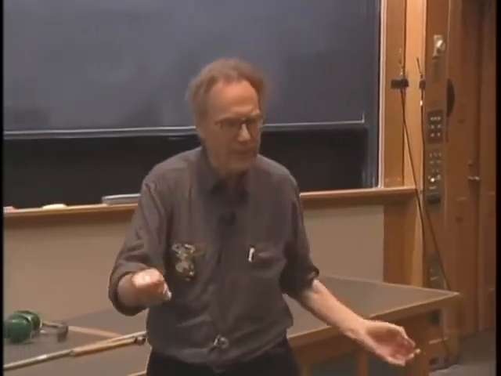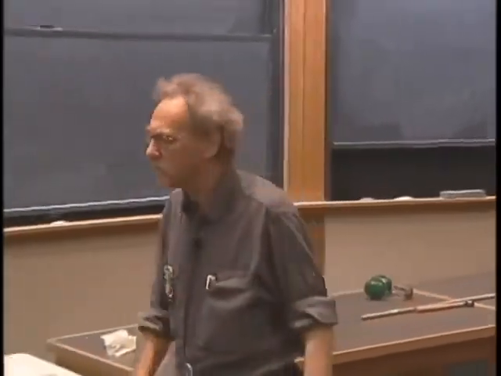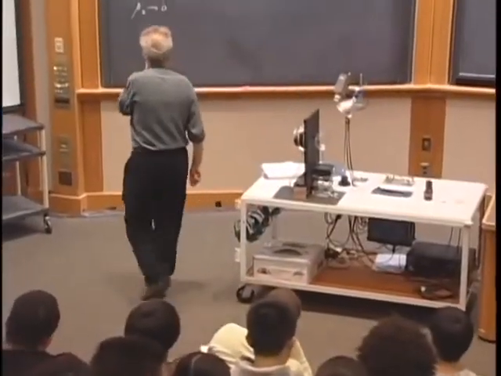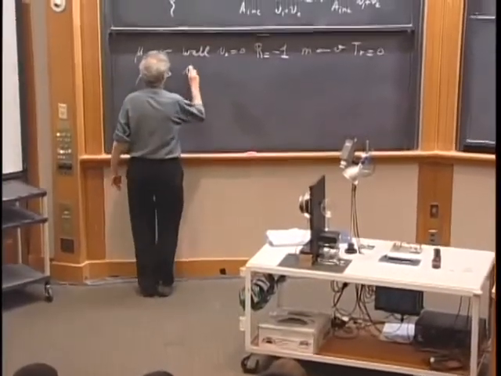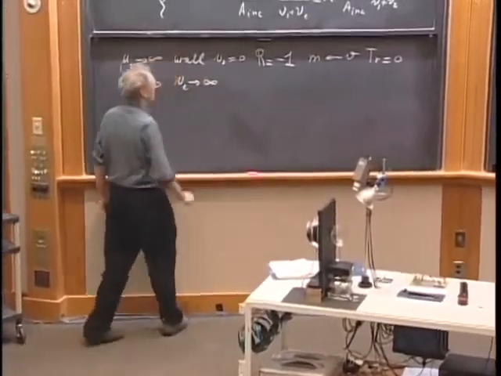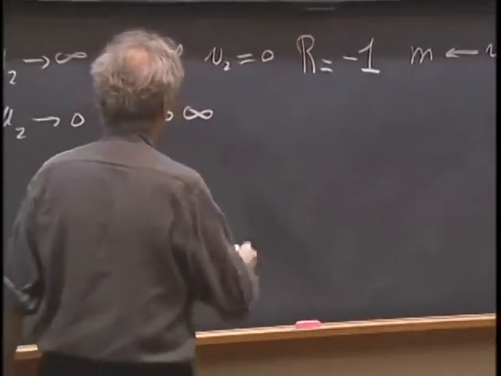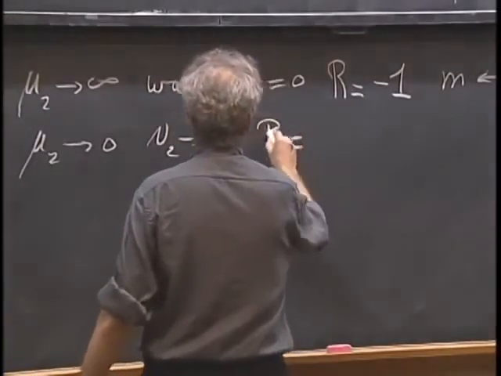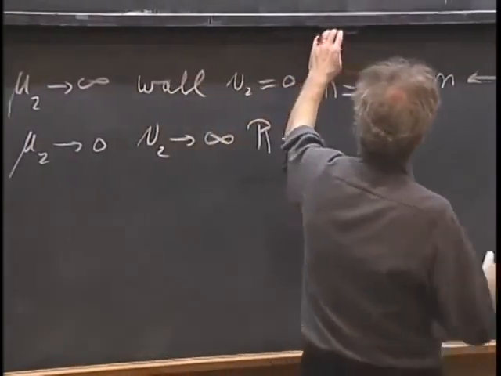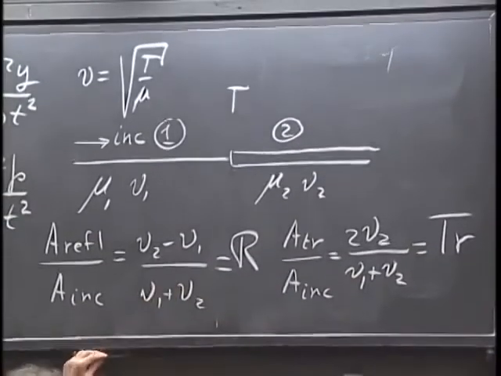So it is completely practical, it can be done. It's not just nonsense. So mu2 goes to 0, that means that v2 goes to infinity, and then we looked at R, and we say, well, if v2 goes to infinity, then R equals plus 1.